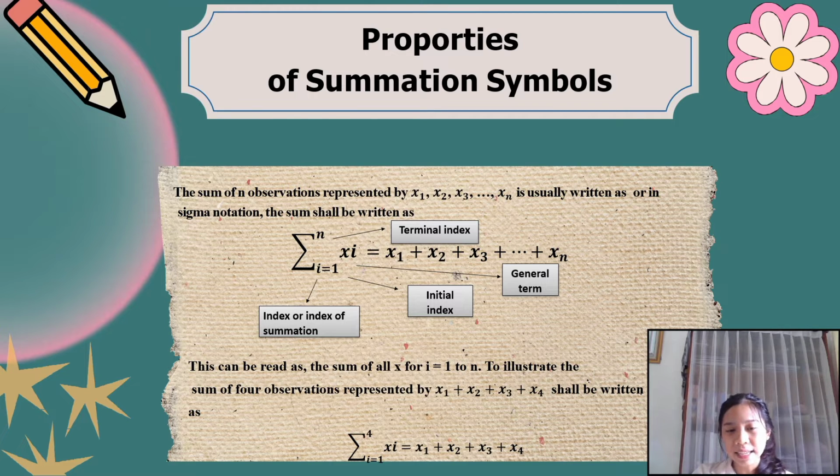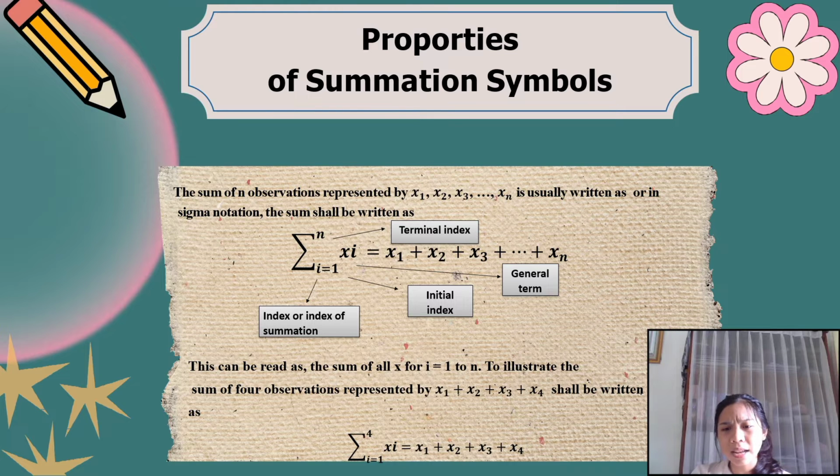In this case, n is the terminal index, x_a is the general term, a is the index of summation, and 1 is the initial index. This can be read as the sum of all x_a for a equal to 1 to n.